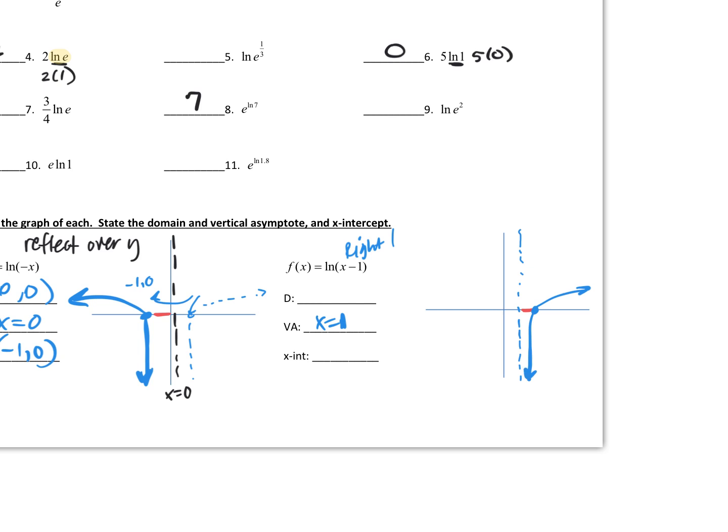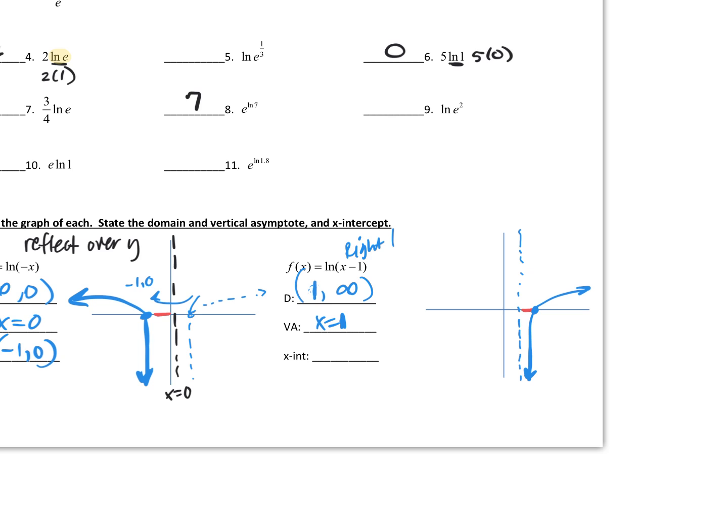So then my domain would be 0 to positive infinity. Okay? Actually, it's not 0. It's 1, isn't it? Because my asymptote moved. It's 1.